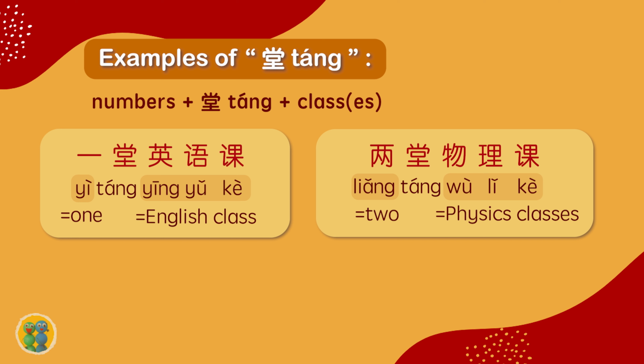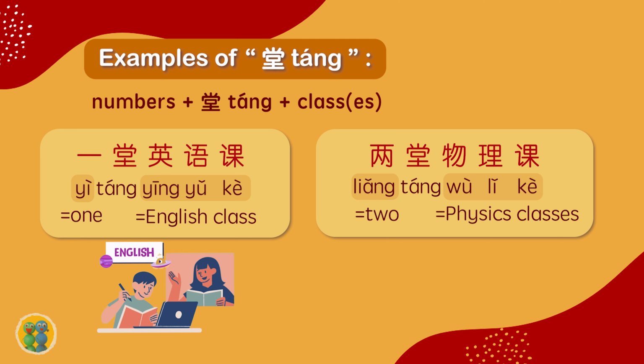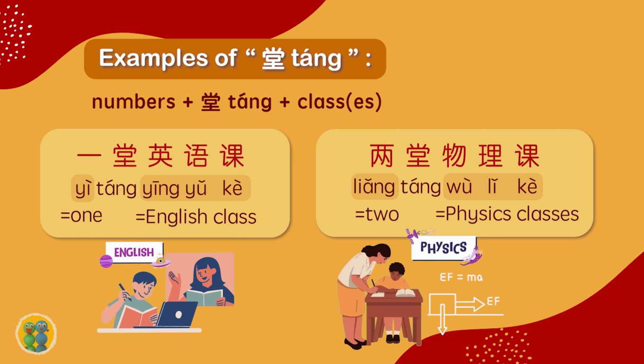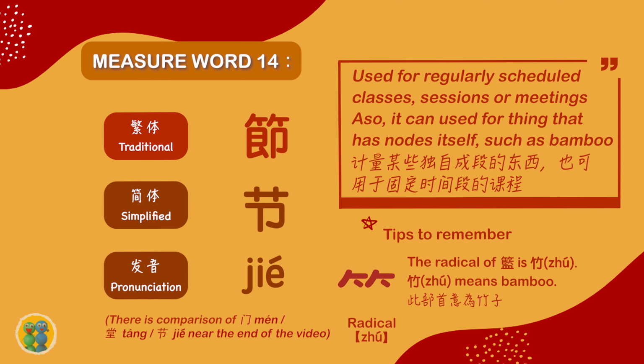Examples of 堂: 一堂英语课. 一 means one. 英语课 means English class. 两堂物理课. 两 means two. 物理课 means physics classes.